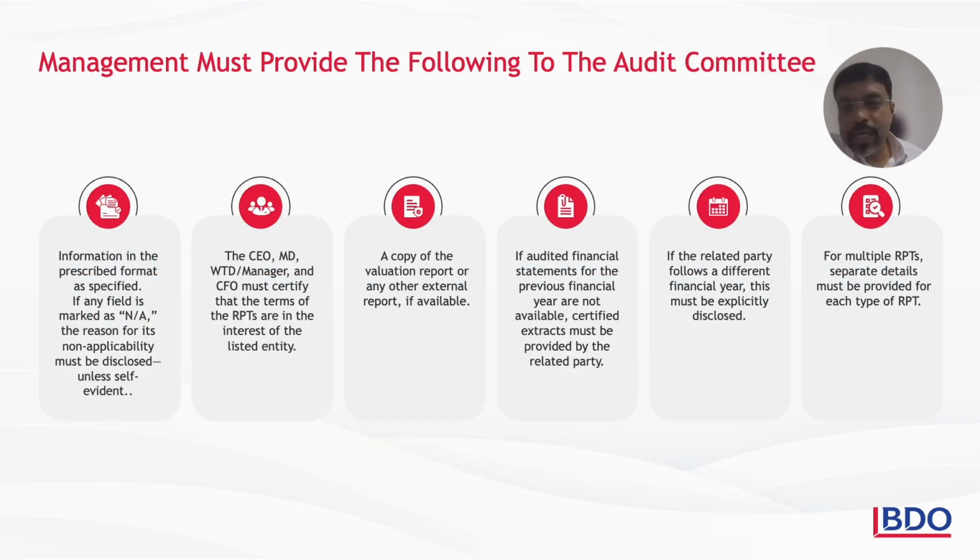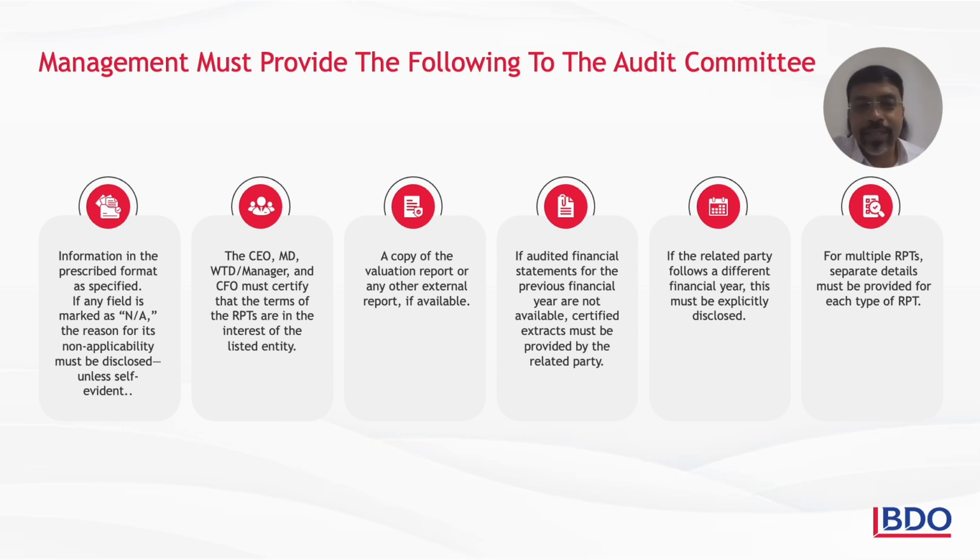Before we get into parts A, B, and C of the minimum information to be provided to the audit committee, certain fundamentals. The information to be provided to the audit committee must be in the prescribed format. So much so that answering a field as not applicable should also have an appropriate reason.